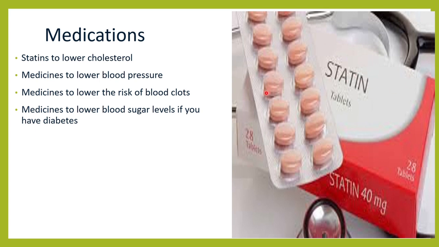If the patient has high BP, we need to give medicines for his BP. If the patient is diabetic, we need to control his sugar with insulin or tablets. If the patient is at risk for blood clots, we have to give him a tablet to reduce the blood clots. So everything is included when we talk about treatment of atherosclerosis: managing the lipids as well as treating the risk factors for dyslipidemia.